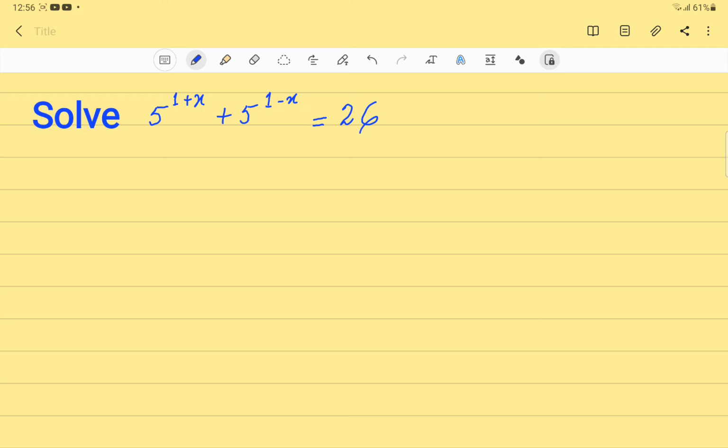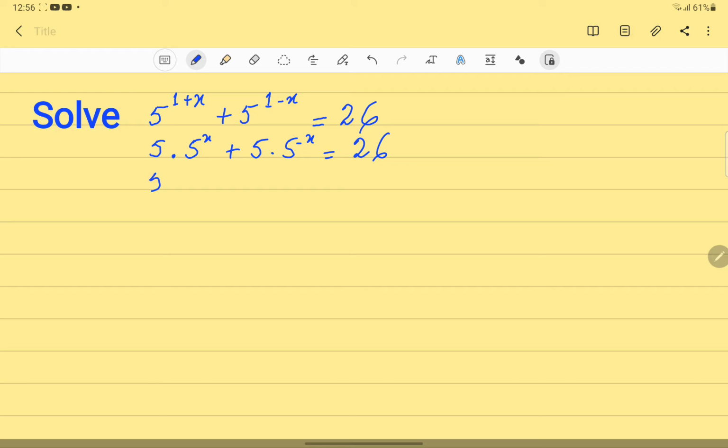We can rewrite the given equation as 5 raised to power 5 multiplied by 5 raised to power x plus 5 multiplied by 5 raised to power minus x is equal to 26.